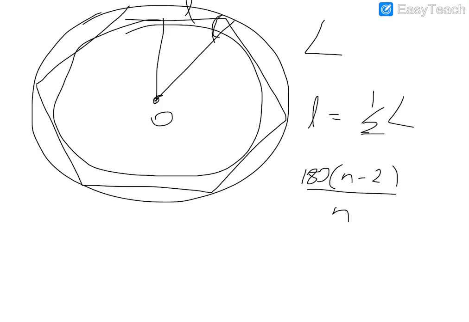And if we do that, we can say that if this angle, we'll call it theta, tan theta is equal to little l over little r, where little r is this one and big R is this one.